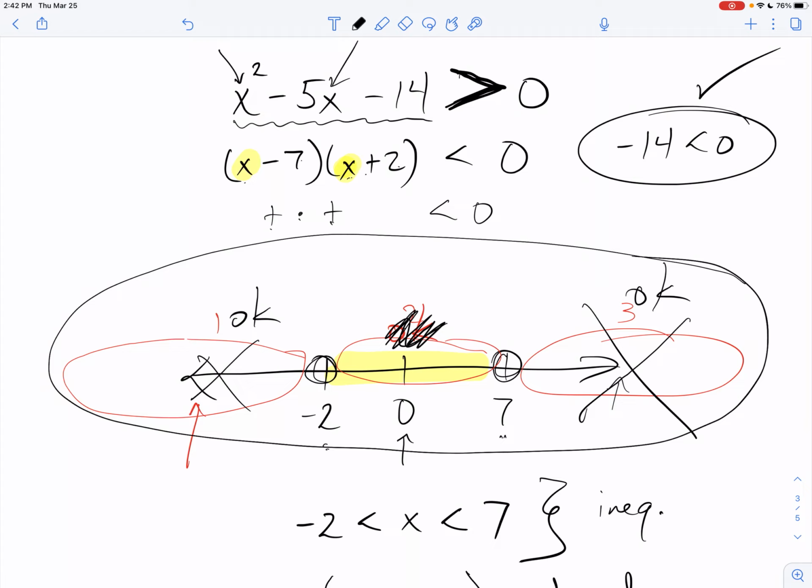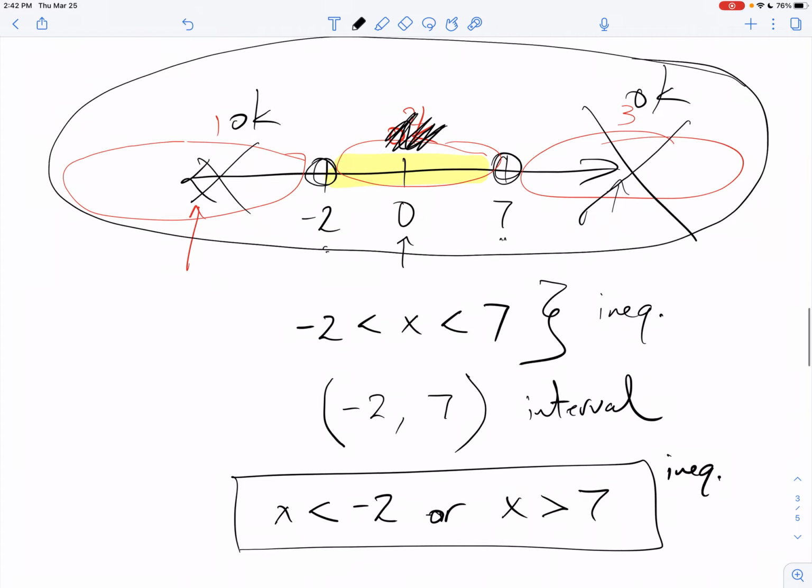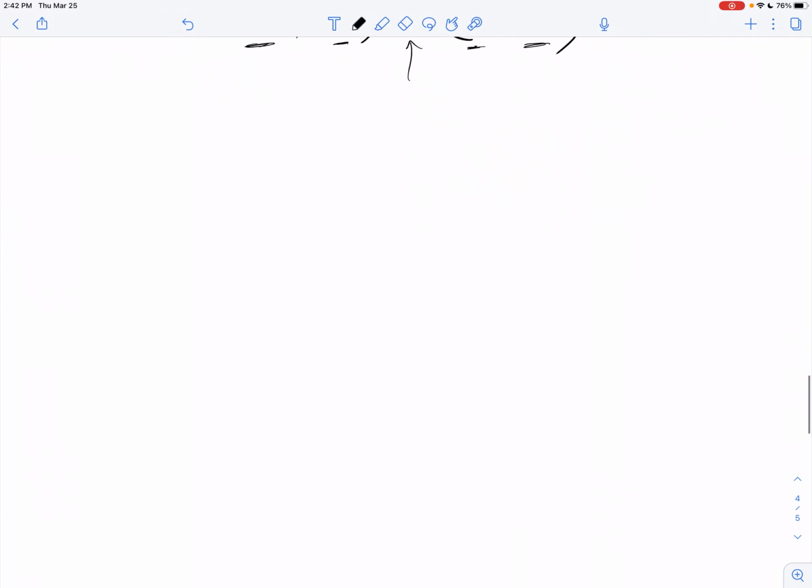An innie or an outie. So real quick, I'm just going to clarify this. If they gave me something like x squared minus 4 is greater than or equal to 0, I call this an outie. It's pointing outward from the problem.